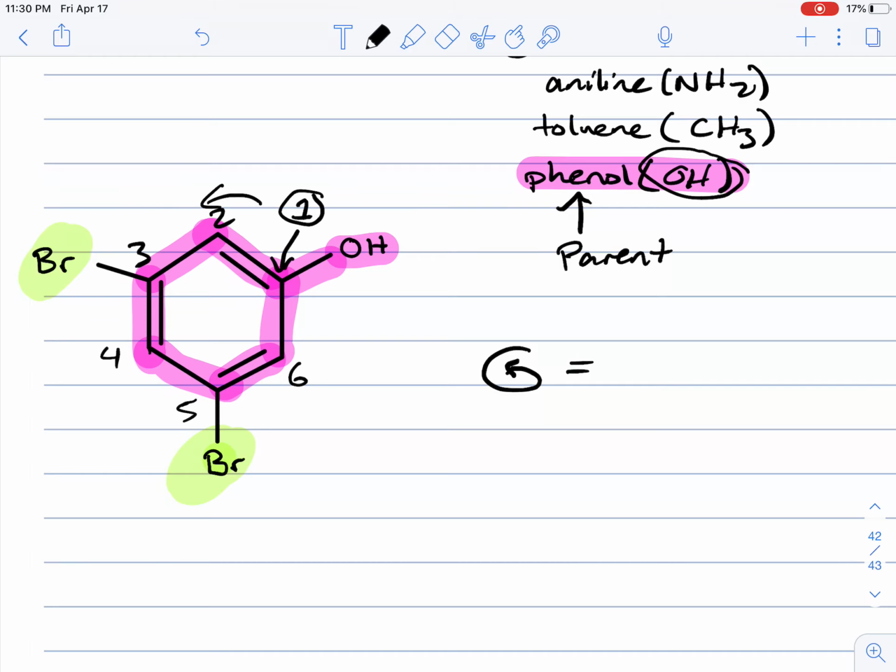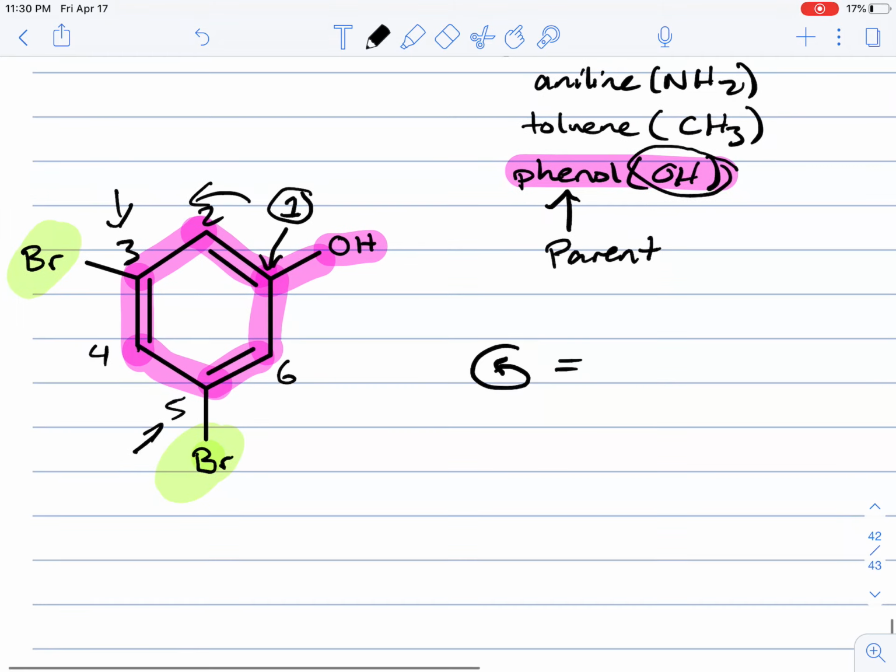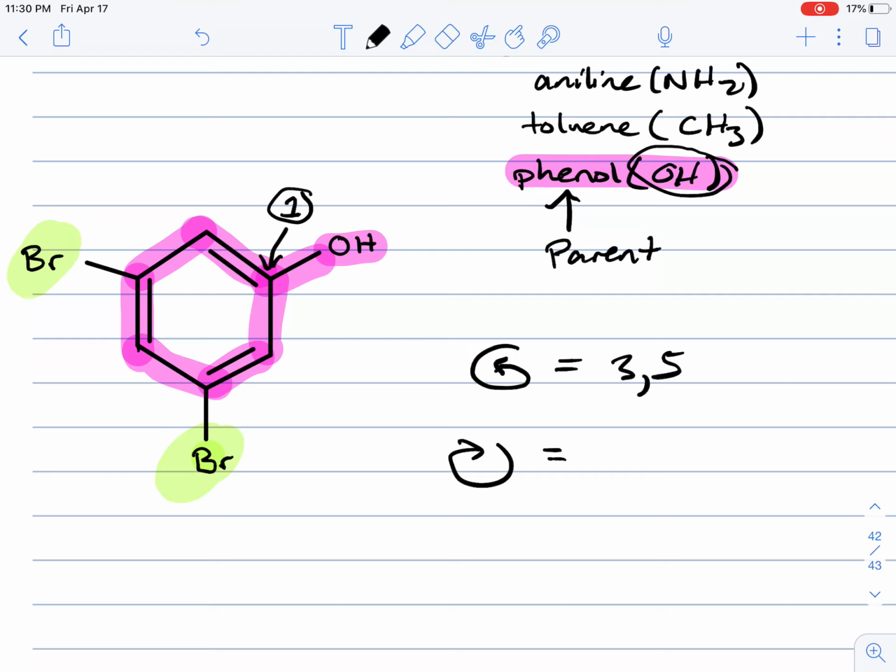So it looks like I have a substituent on carbon 3 and carbon 5. Now let's do the opposite direction. So we're going to go clockwise. 2, 3, 4, 5, 6. If I go clockwise, it looks like I have a substituent on carbon 3 and 5 as well.